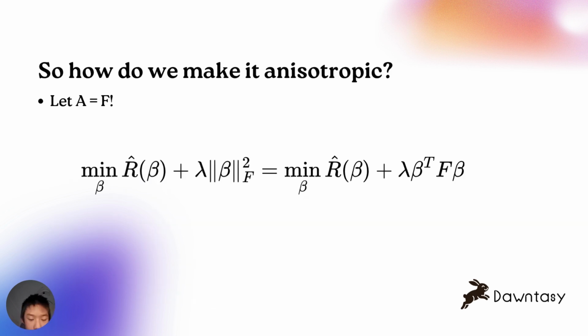Okay, so how do we implement this idea? Well, we can just set this general matrix A to be the Fisher matrix itself. That way, we're controlling the geometry, or the metric, of the regularization itself. We are applying regularization, but set in the space defined by Fisher information.